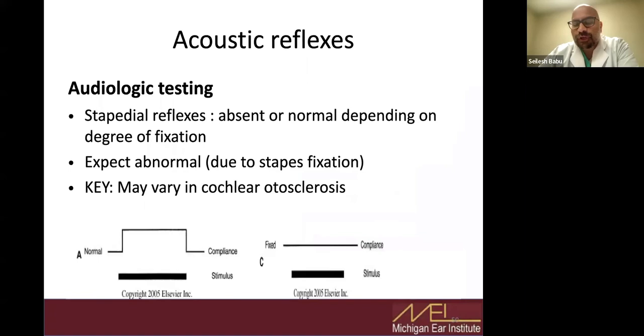And acoustic reflexes are important, especially in this day and age of superior canal dehiscence. Acoustic reflexes are designed as a reflex so that when loud noise comes into the ear, the ossicular chain stiffens, and we can measure that stiffening by putting sound into the ear and then measuring the tympanic membrane movement with a tympanogram. And it's an on-off response.